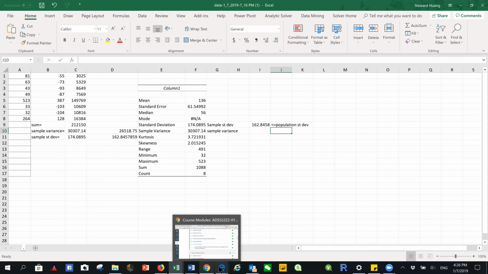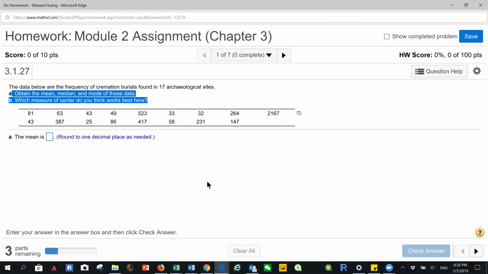All right, now I have to go back to here. So that being said, you have all the answers already. And what measure do you think works the best here? If the data is more symmetric, then use the mean. If the data is skewed very much to the right or to the left, then maybe median is better, because median is robust to extreme outliers.